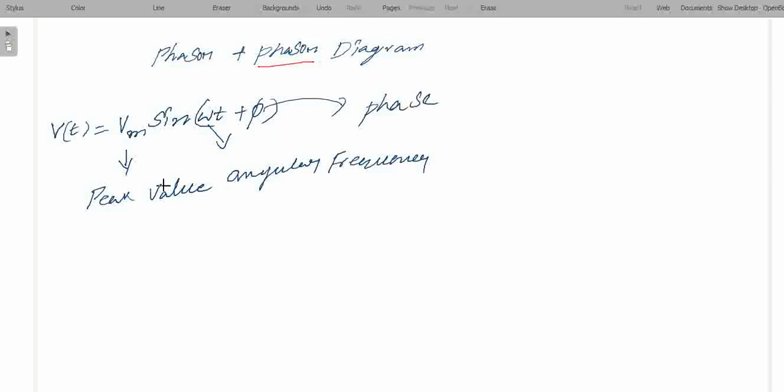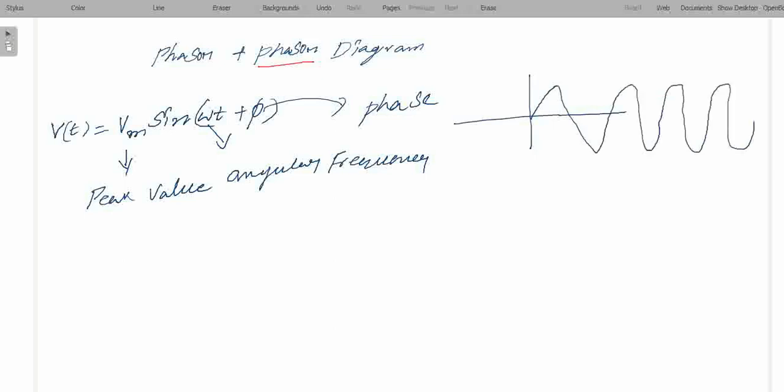One example for this is V of t equal to Vm into sine omega t. The waveform for V of t looks like this. V of t is nothing but the voltage, that is, the magnitude of the signal depends on t.